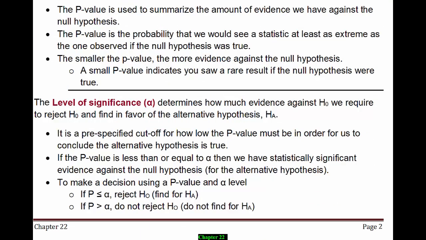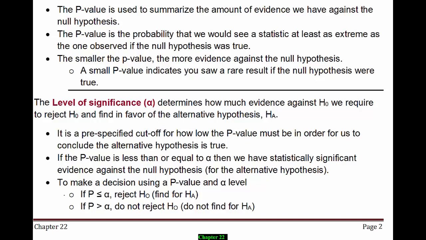The level of significance alpha determines how low your p-value has to be in order for you to decide that the null hypothesis isn't true and you think your alternative hypothesis is true. It's a pre-specified cutoff for how low the p-value must be. If the p-value is less than or equal to alpha, then we have statistically significant evidence against the null hypothesis, and another way to write this is for the alternative hypothesis.